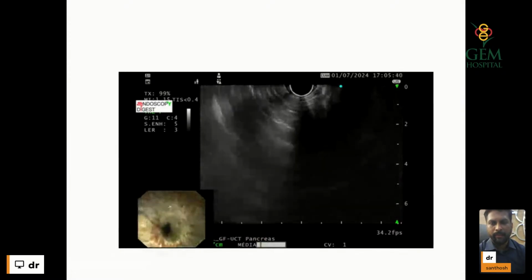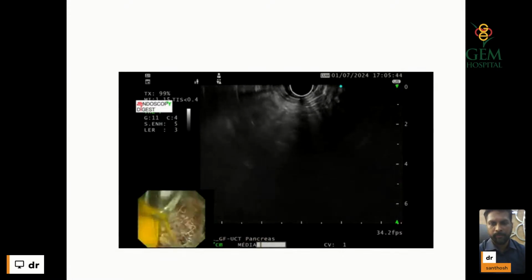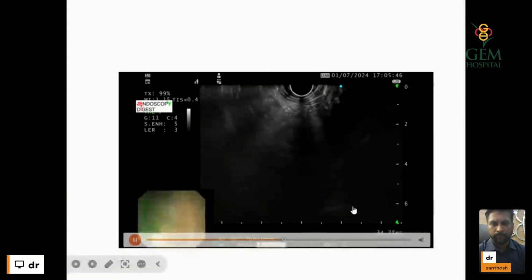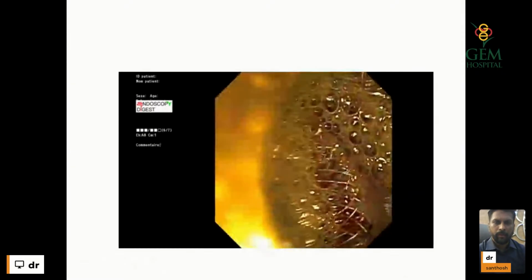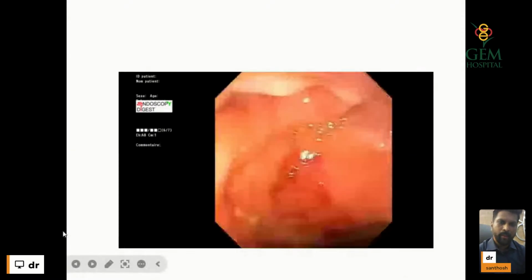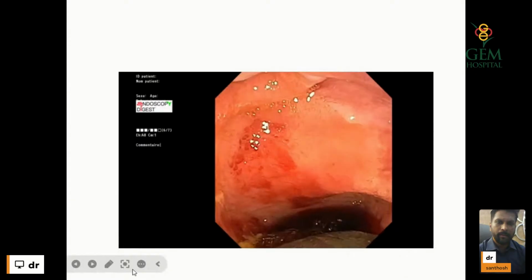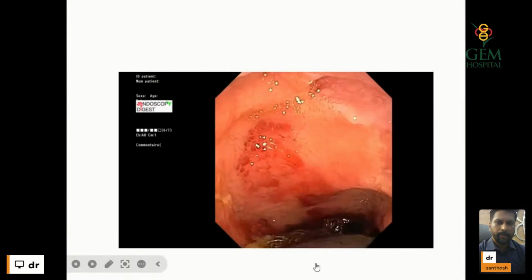Once this is done, the stent is in place. Then the side-viewing duodenal scope is introduced through this into the stomach, and we perform the ERCP as before.